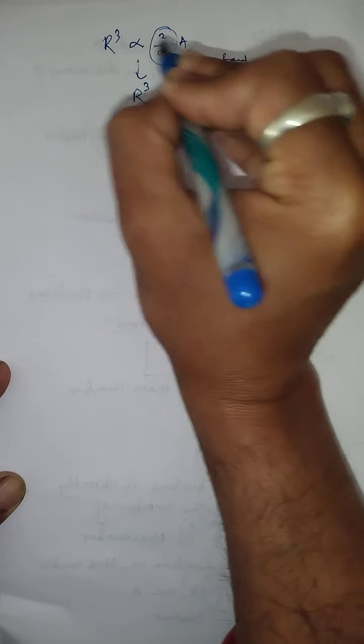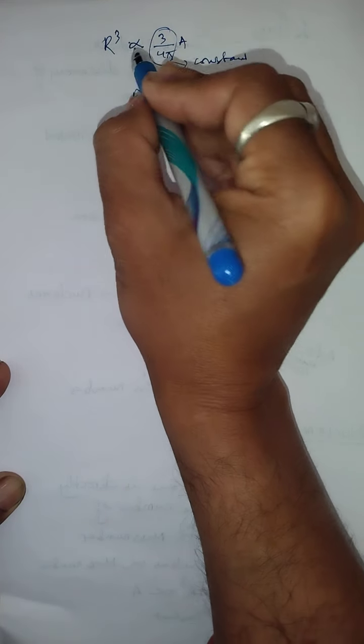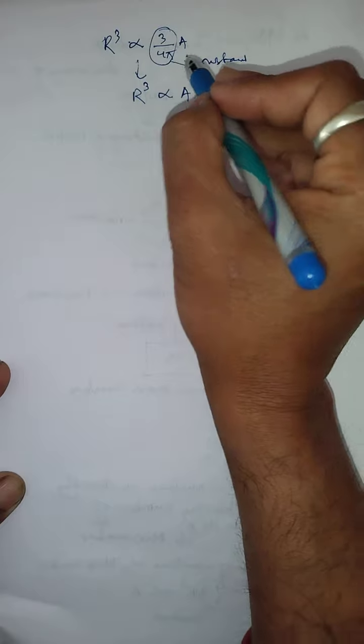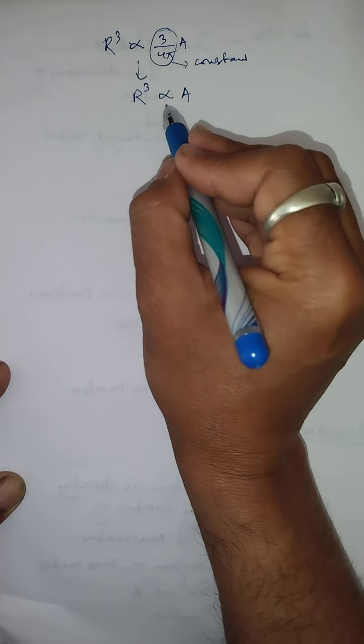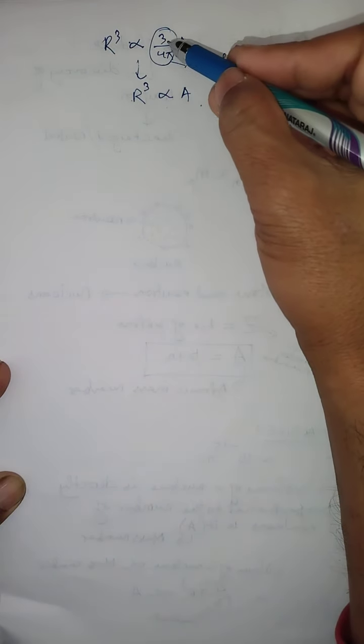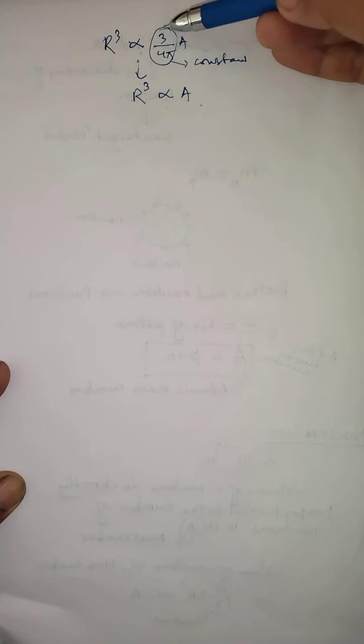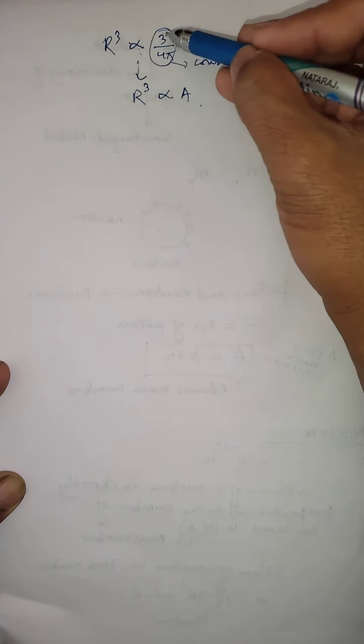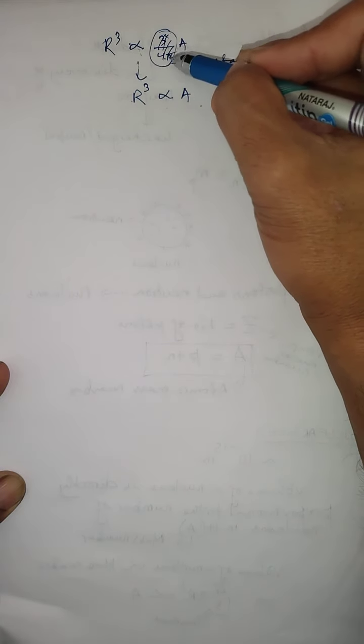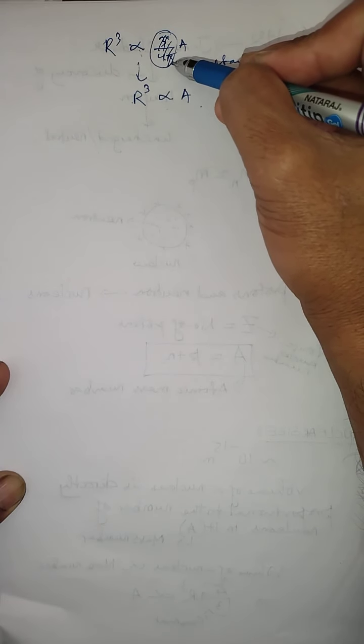So let me write directly: R cube is proportional to A, because when I use the sign proportional, children, this constant is removed. That's why I will not write the 3 by 4 pi.